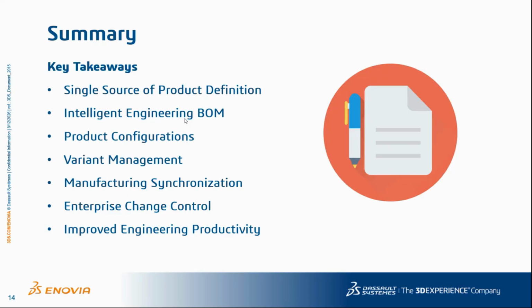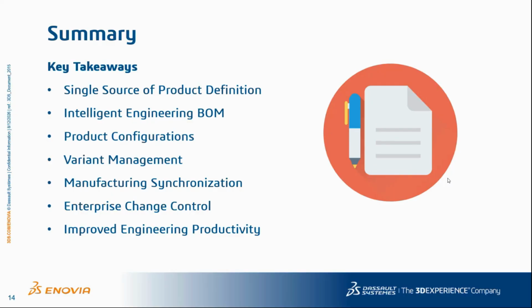So, your summary. A product architect is more than a bill of material management tool. It is the foundation for digital product definition across engineering, manufacturing, and enterprise systems. So these are the key takeaways. This is a single source of product definition. It has intelligent engineering bill of material generation capability.